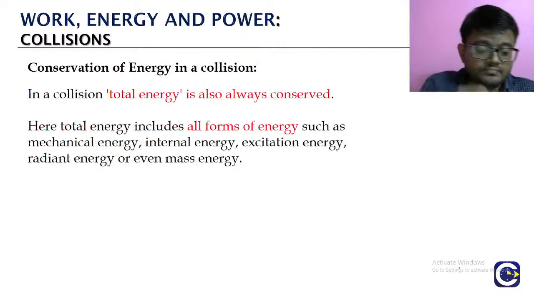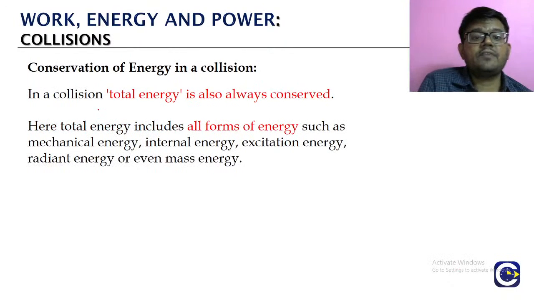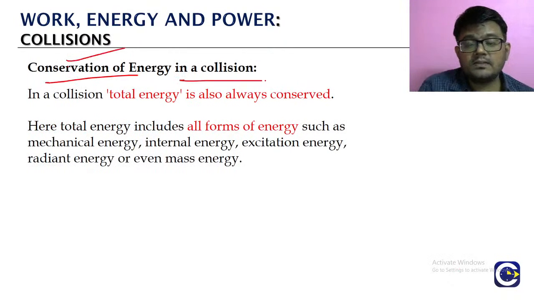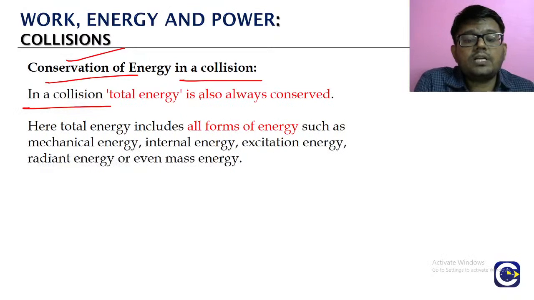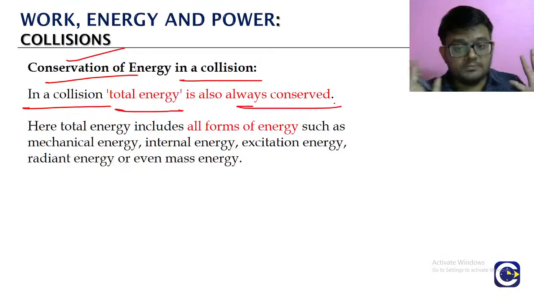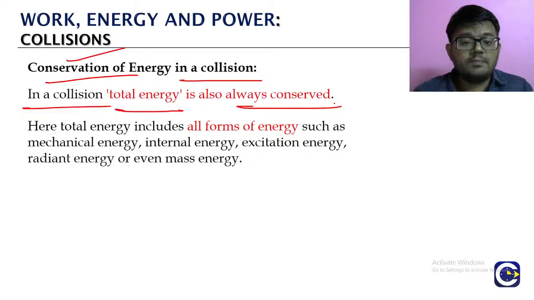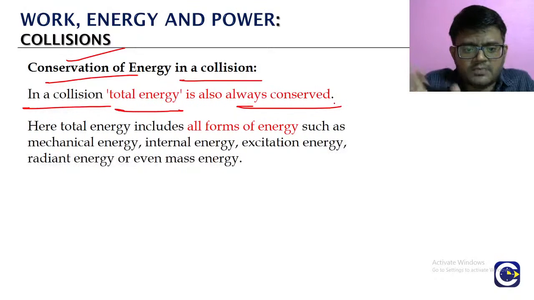Okay? The conservation of energy principle. Sometimes when we say the statement, a lot of people misunderstand it. In a collision total energy is also conserved. Some people will start thinking, but we have studied that in some collisions the energy will be lost. So when we say total energy, not just the kinetic energy, we are also including the other forms of energy.